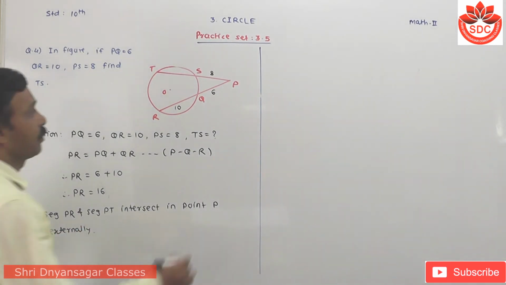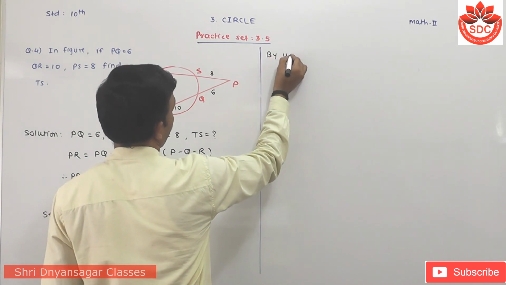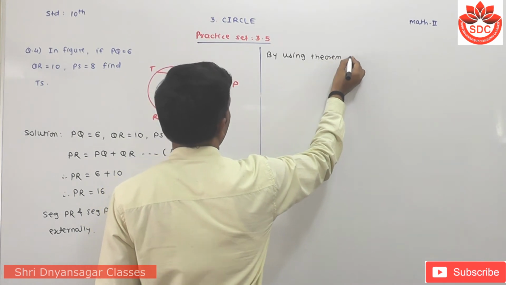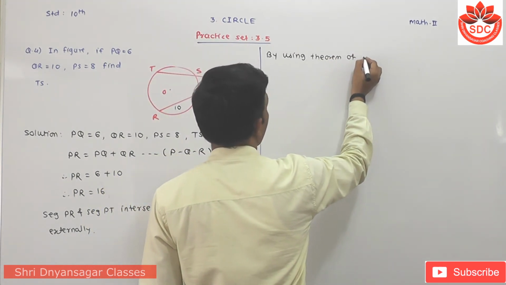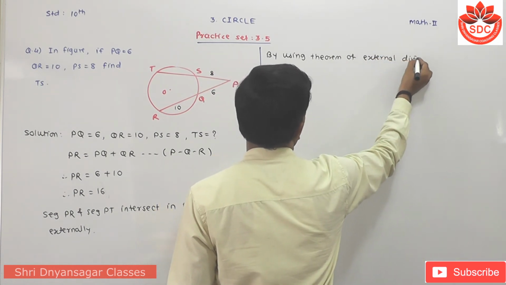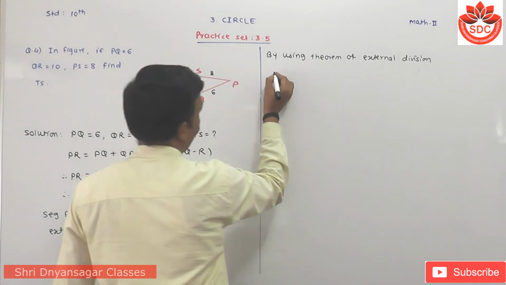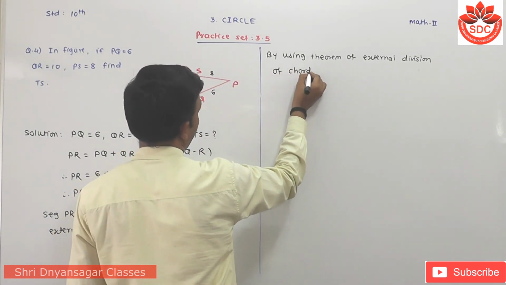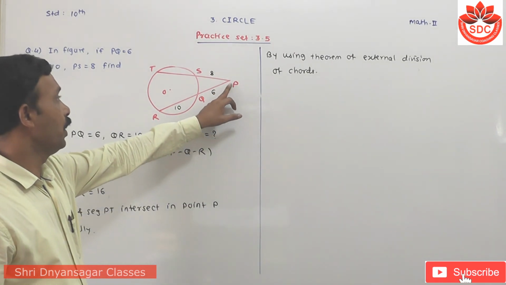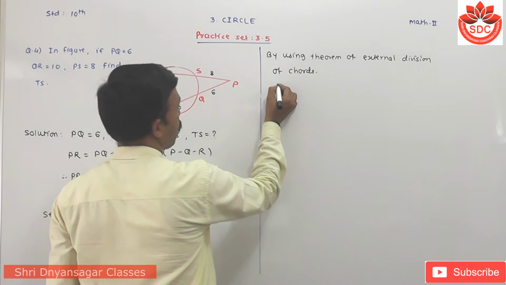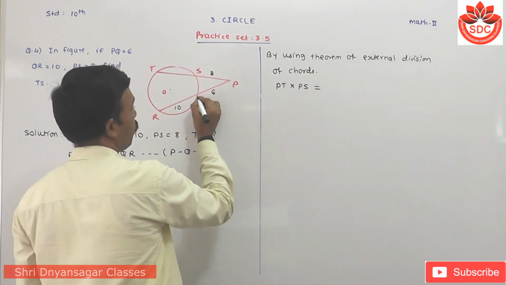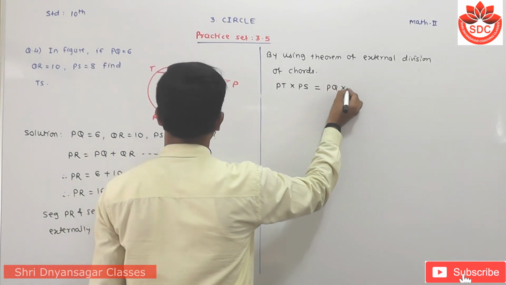Therefore, by using the theorem of external division of chord. Now this external division of the chord is PT into PS is equal to PQ into PR.